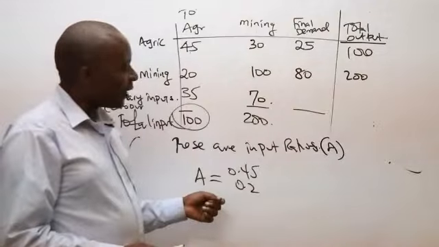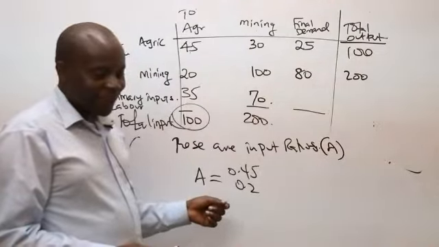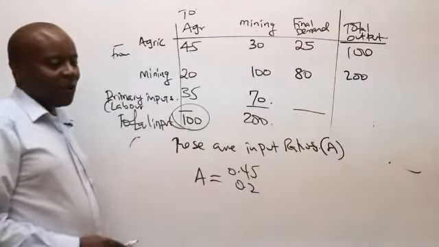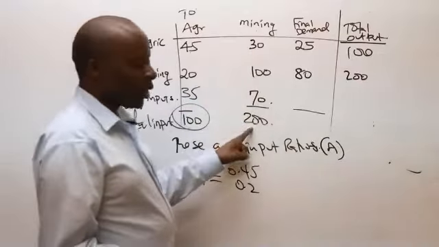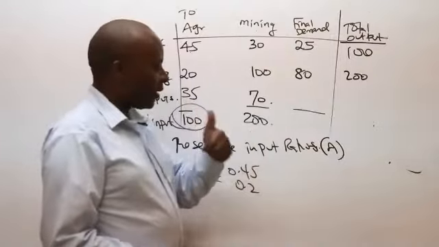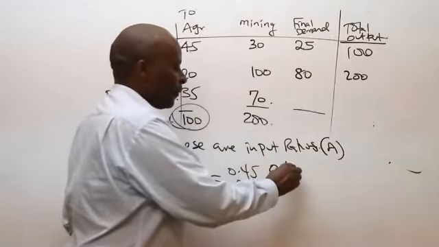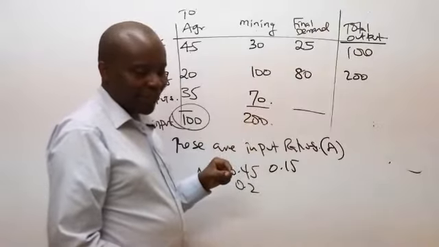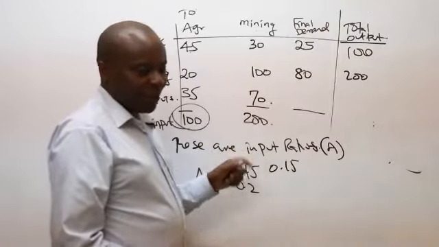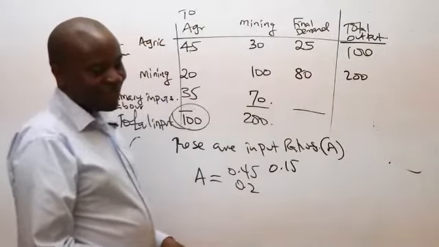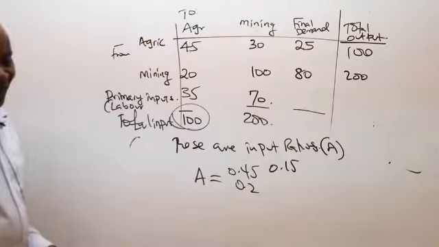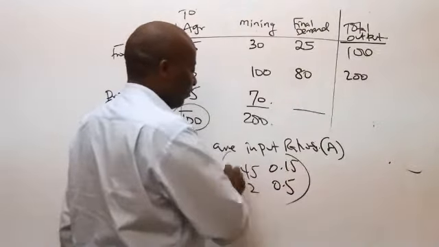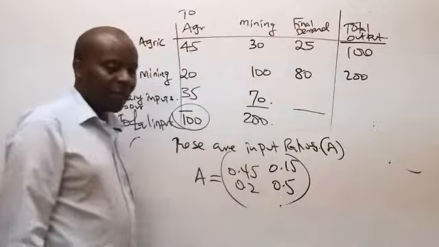It will be 30 over the total input, which is 300, so it should be 0.15. And then we have 100 divided by 200. 100 divided by 200 is not 0.1. It becomes 0.5.